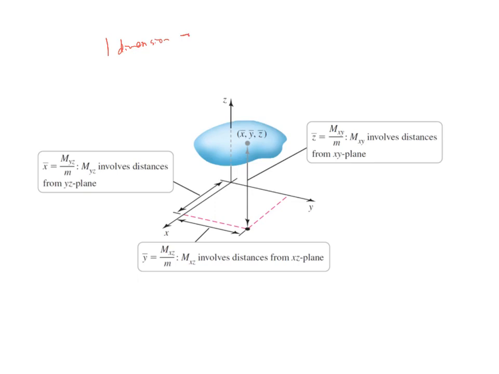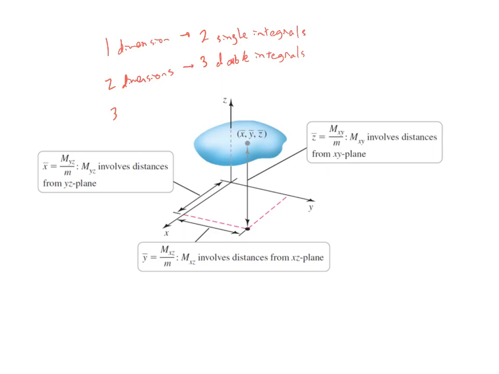we need to evaluate 2 single integrals. But in 2 dimensions, remember the problem we just did, if we had an x and a y coordinate, we need 3 double integrals, 1 for the x, 1 for the y, 1 for the mass. Great handwriting here.